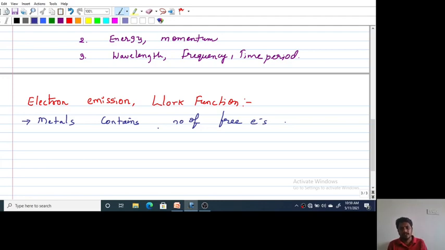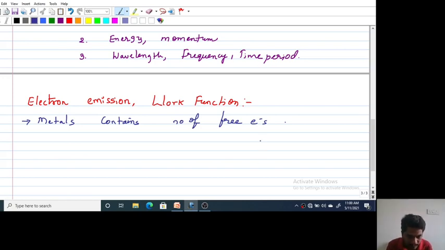Every material is made of atoms, and at the center of the atom is a positive charge, and around the positive charge electrons revolve in different orbits. But in the case of metals, electrons are loosely attached to the parent nucleus. So even at room temperature, they can become free from the atom and roam on the surface of the metal.